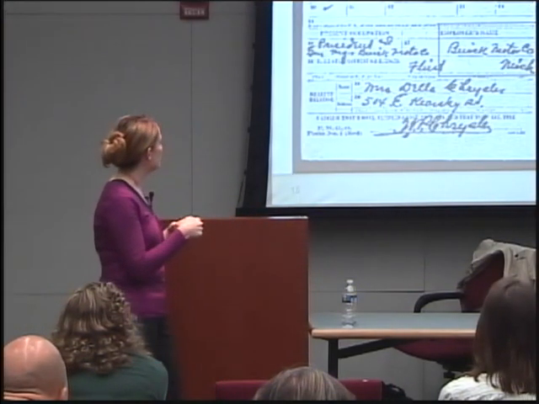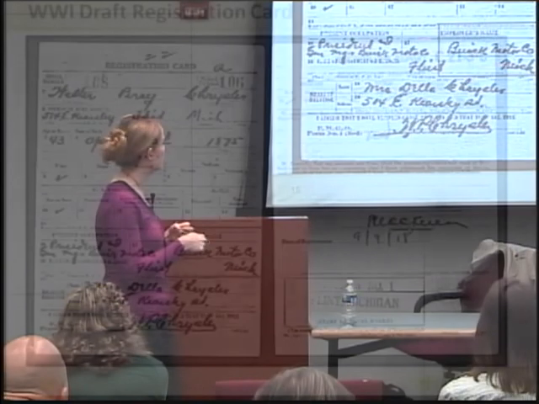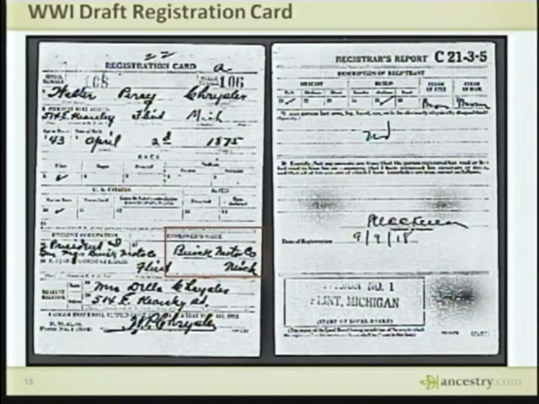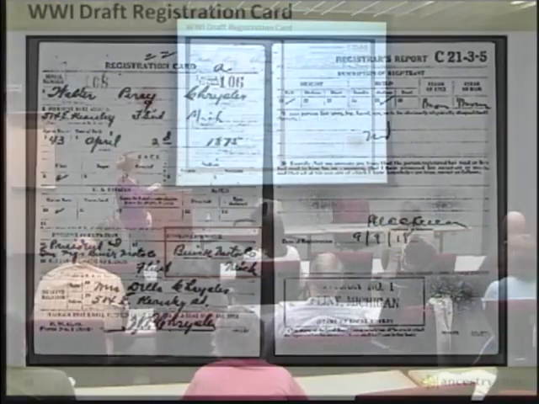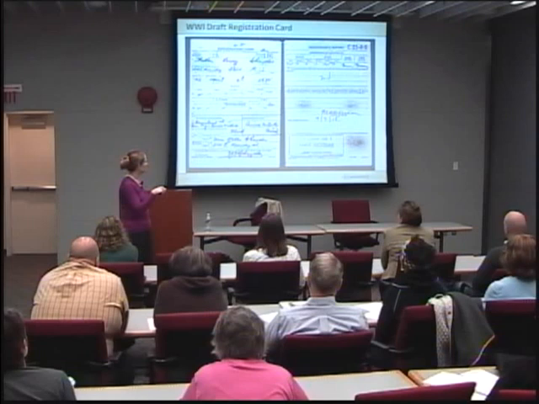This right here is Walter Percy Chrysler, who at the time when he filled this out in 1918, that's the date he filled it out, was president of Buick Motor Company. He'd go on, of course, to be the head of Chrysler Corporation. Over here we get a description. Down here we get his signature. And then up here we learn that he is tall, has a medium build with brown eyes and brown hair.